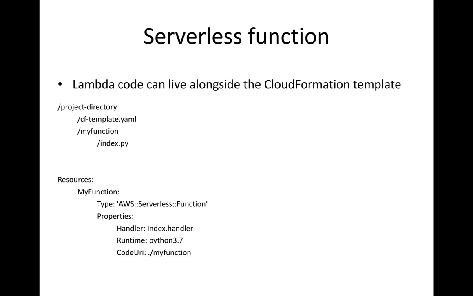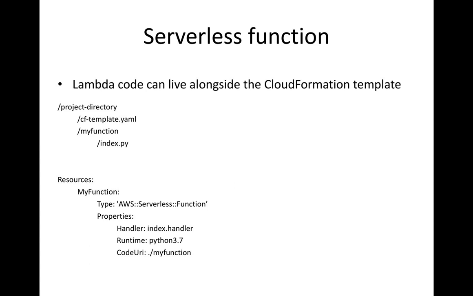For example, on my local system, I might have a Git repository, and inside that repository is my project directory, and it has a CloudFormation template, which is in YAML format, and then it has a subdirectory called my function, and that contains a Python script, which is index.py. The index.py represents my Lambda function code.